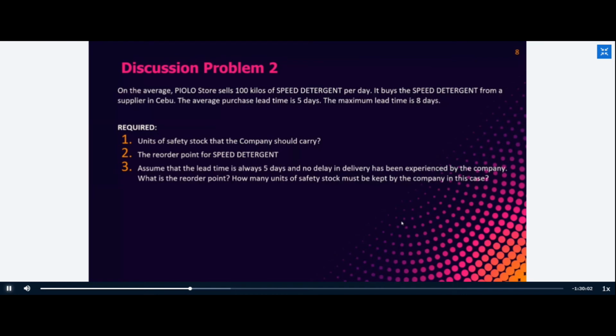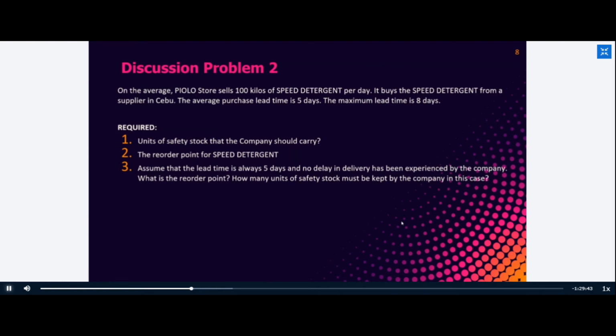So sabi na natin, possible na nag-place si Piolo ng order for speed detergent. Ngayon siyempre si supplier ire-repack kasi 100 kilos lang naman ang kailangan ni Piolo. Ngayon, isasakay niya ba sa eroplano 'yan? Baka masyadong mahal.